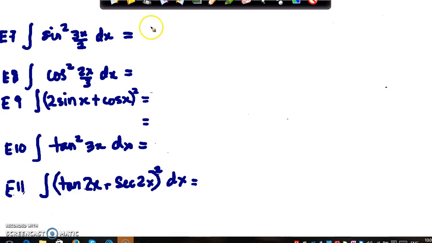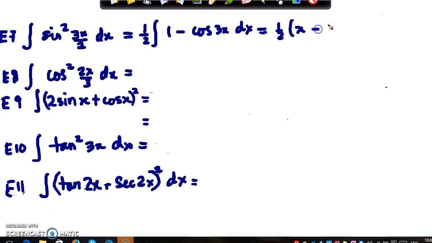Okay, now I will continue with the answers. So using double angle identity, we have 1 minus cos, double the angle becomes 3x. Integrating will give me half x minus sine 3x over 3 plus c.